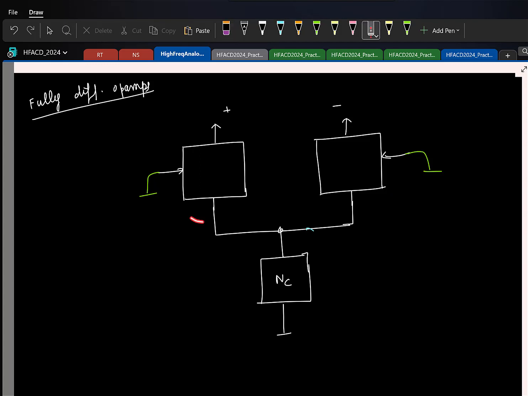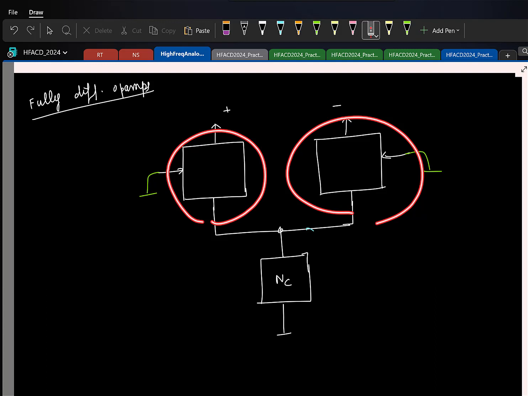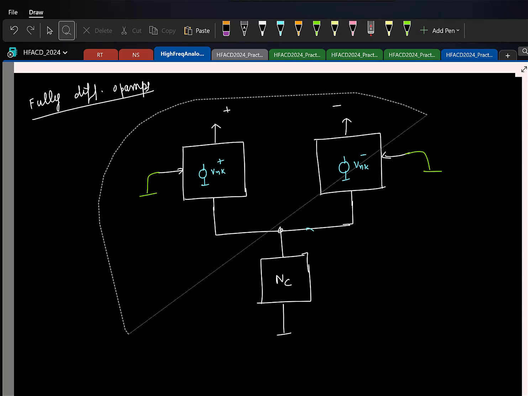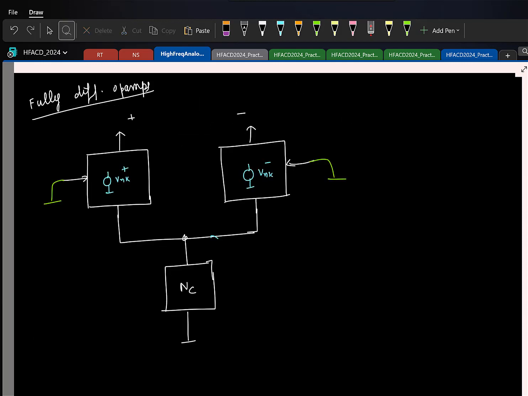Remember that these are two identical networks, two half circuits, right? So let us say I take one transistor in this network, say it has a voltage noise VNK. I'll call it VNK plus because it is in the positive side of the network. So I'll have an identical transistor here that will also generate a noise. I'll call it VNK, kth MOSFET in the minus side. Both transistors will be identical, so they'll have the same gm, say some gmK.